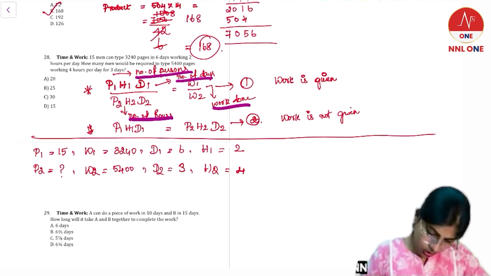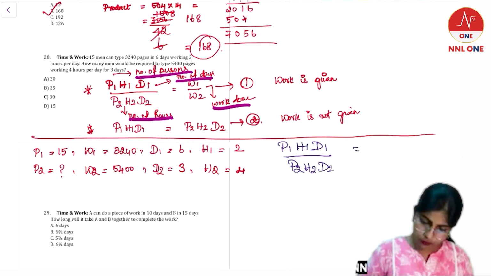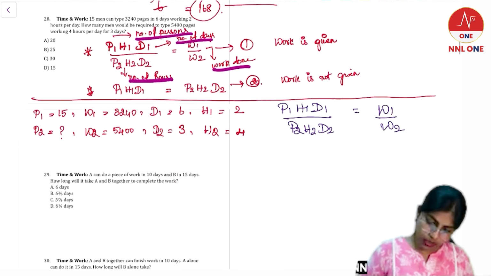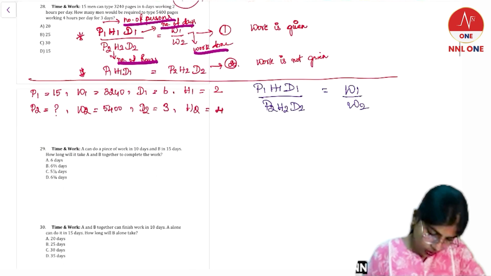Now we are going to substitute in the formula. Okay. What is the formula? P1 H1 D1 by P2 H2 D2 is equal to W1 by W2. Our target is to find the number of persons doing work, P2. What is P1 here? It is 15.